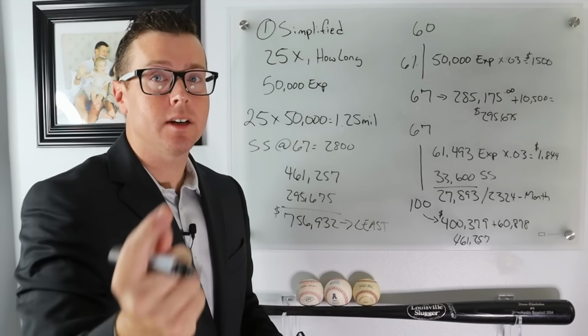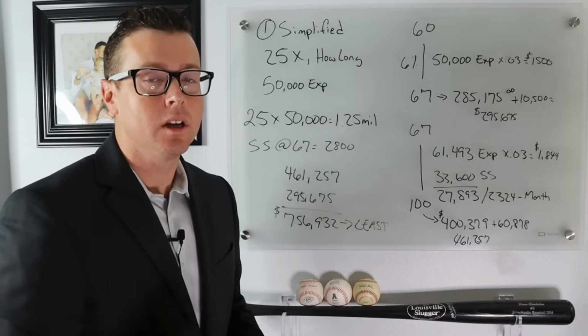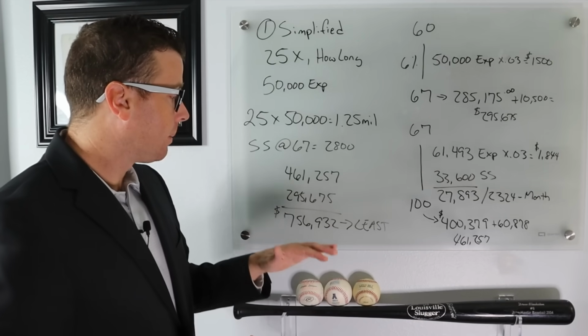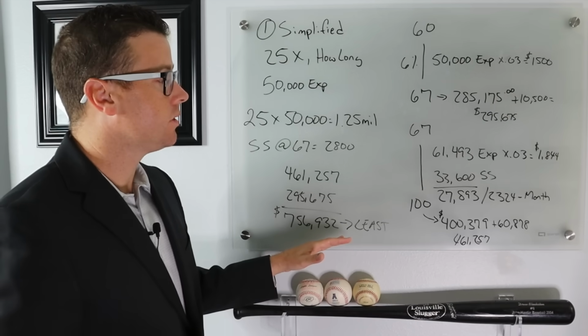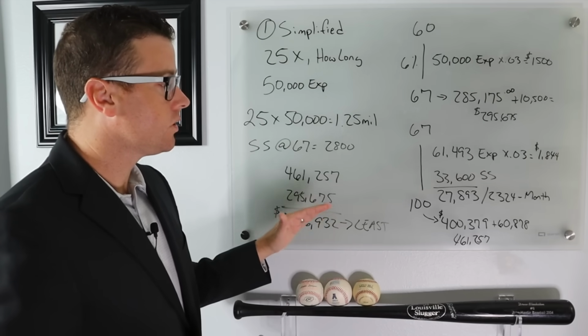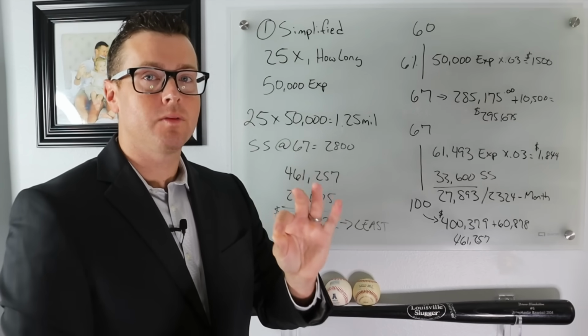Now we're going to get more detailed in the next section in the next video, so make sure you watch to the end or watch the next video. But the least amount we need is $756,932, calculating in Social Security and inflation on a simplified metric.